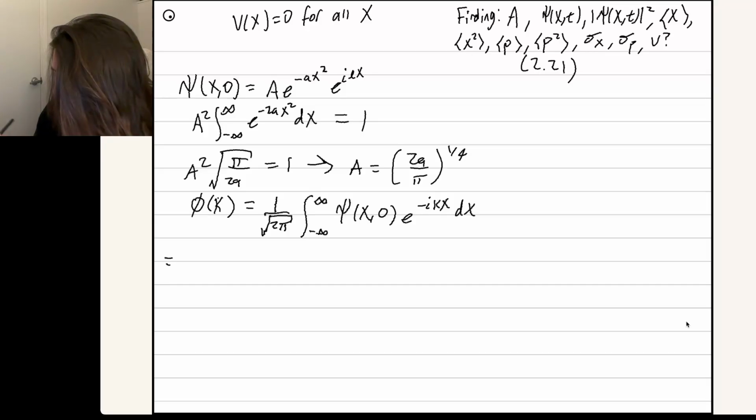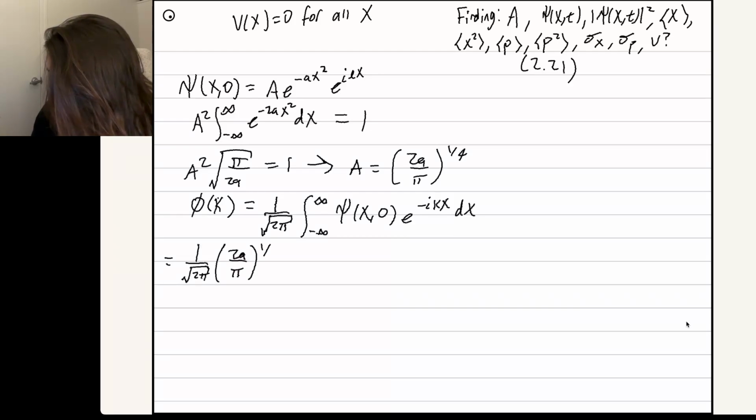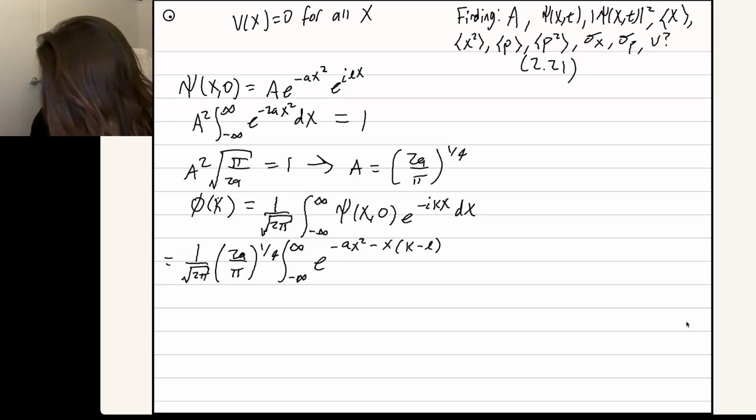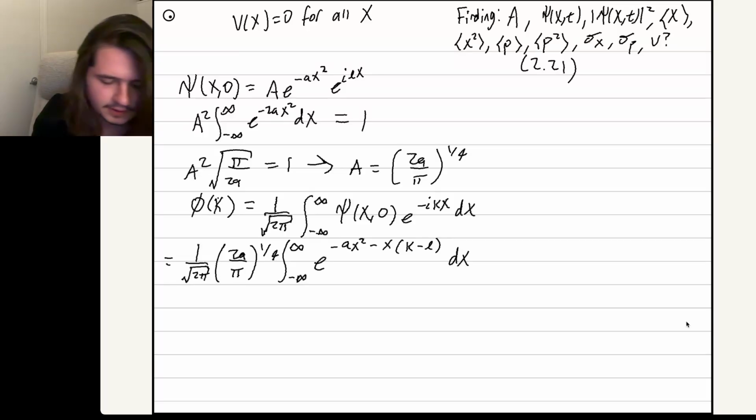So we have 1 over square root 2 pi, and then there's going to be a 2a over pi to the 1/4 here. Integral minus infinity to infinity. This is going to be e to the minus a x squared, and then there's going to be two factors of x. So let's do minus i x times k minus l. Cool. And integrating that.